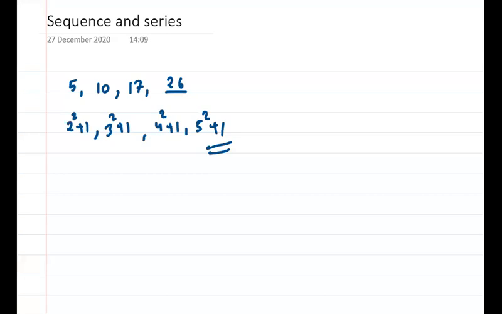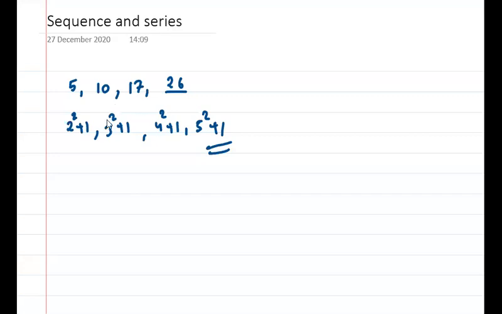Progression is the sequence and series only.